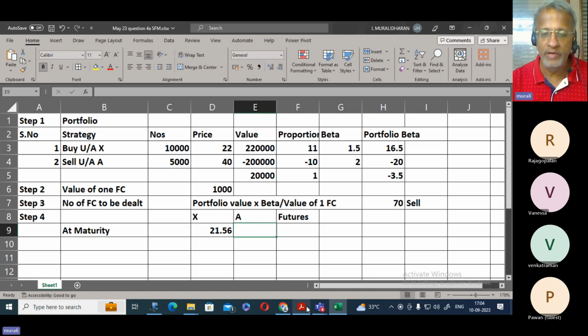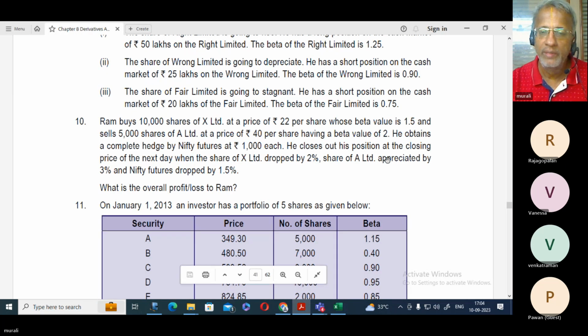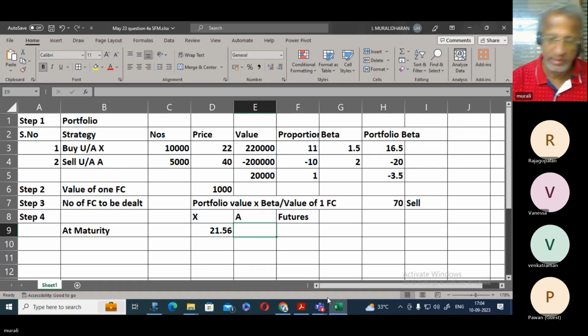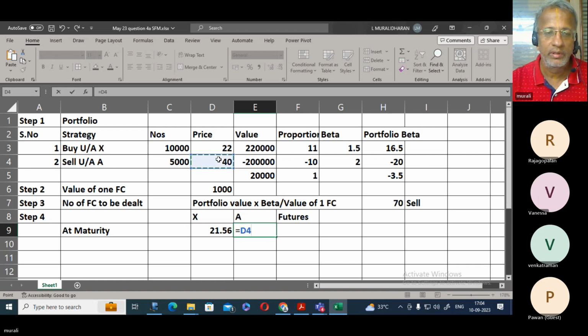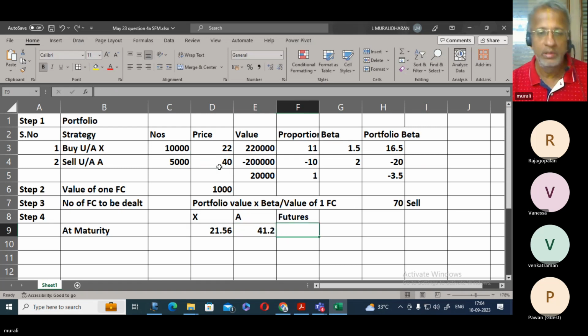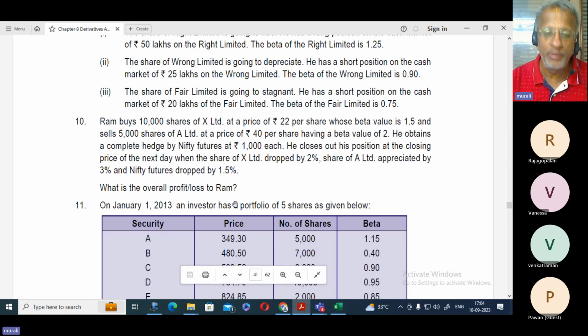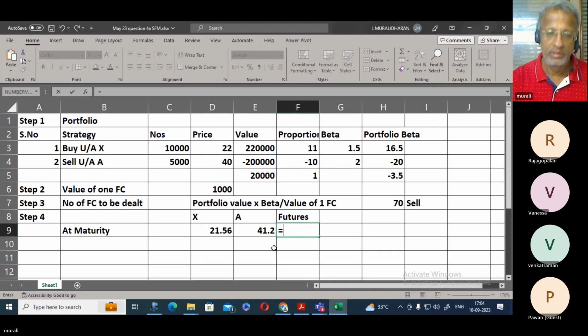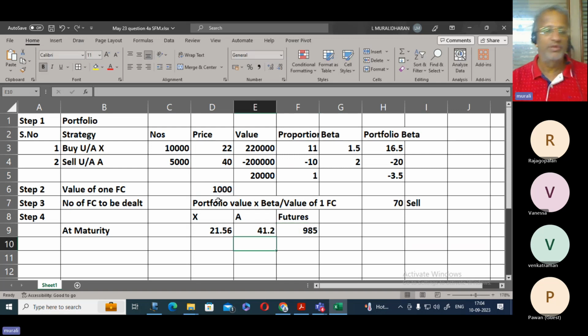For A, appreciated by 3%, into 1.03. For futures, dropped by 1.5%, into 0.985. Correct? At maturity.